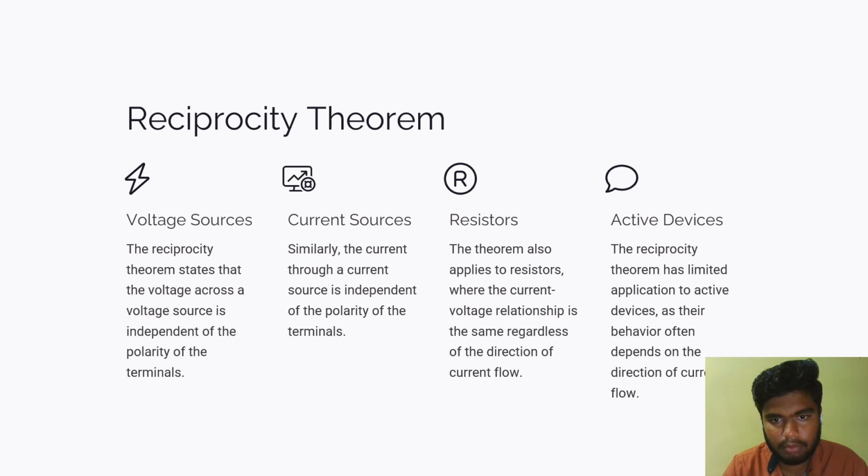The theorem also applies to resistors, where the current-voltage relationship is the same regardless of the direction of current flow. Coming to active devices, the reciprocity theorem has limited application to active devices as their behavior often depends on the direction of current flow.